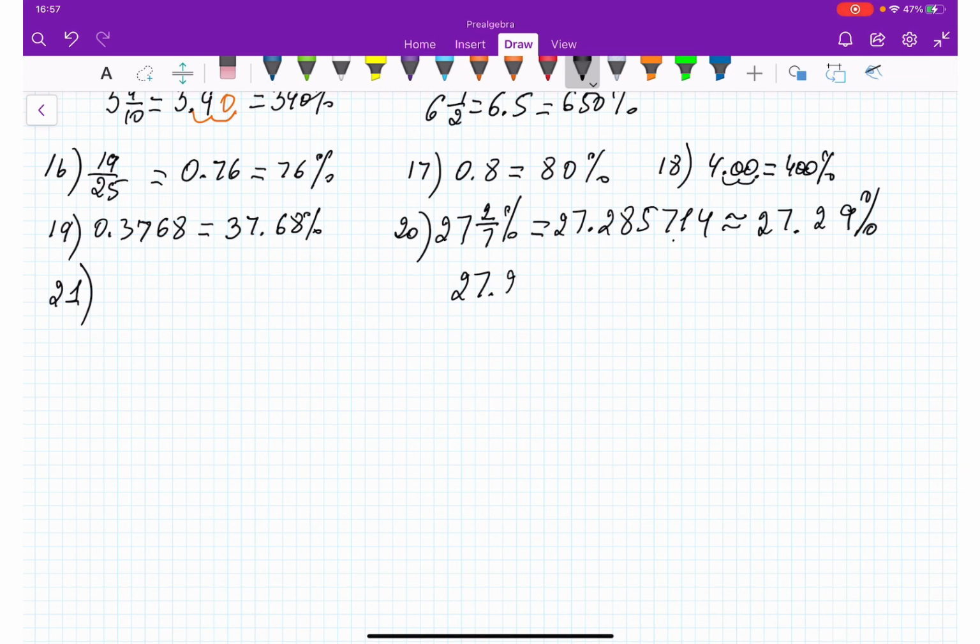Now 27.29% is going to be 0.2729. Yes, because we divide by 100, right? And from here, 0.2729 is going to be equal to 2729 divided by 4 digits in the decimal notation. So 1, 2, 3, 4.